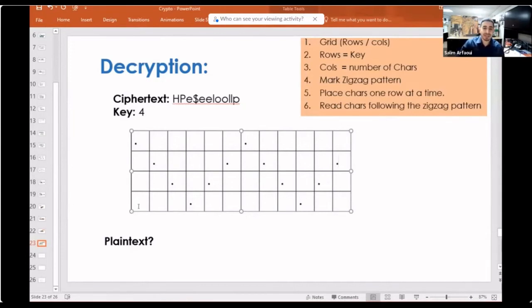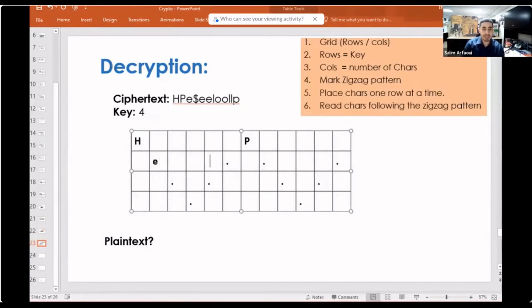Okay, and the next thing is that we are going to place the characters one row at a time. Remember, in encryption, we followed the pattern when placing the characters. When decrypting, we're actually going to place them one row at a time. So this is H goes here, and then P goes here, and then E will go in the next marked cell, which is here.